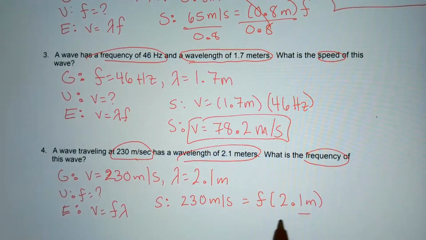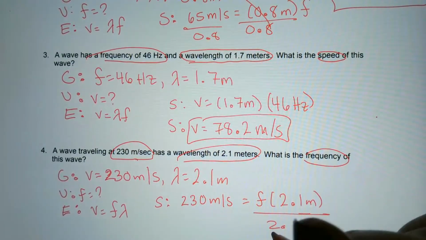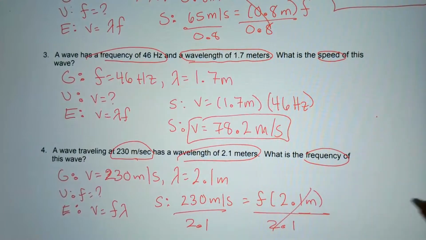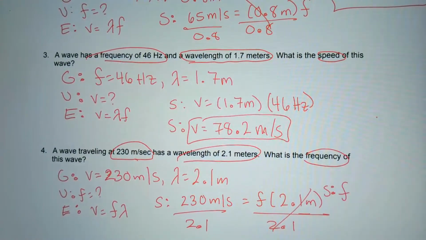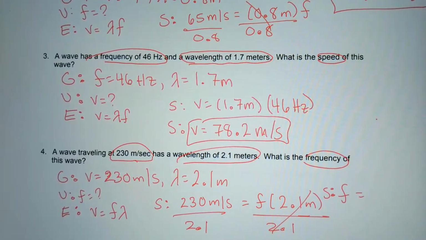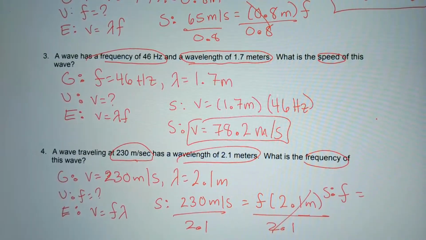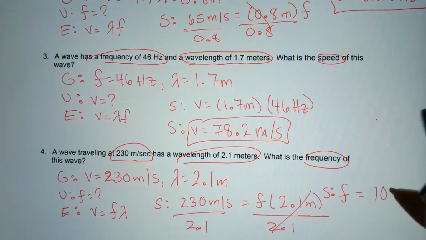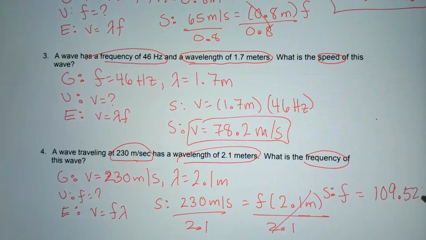To get frequency isolated, you'll divide by 2.1 on both sides. And your solution for your frequency will be the following. So 230 divided by 2.1 is 109.52 hertz.